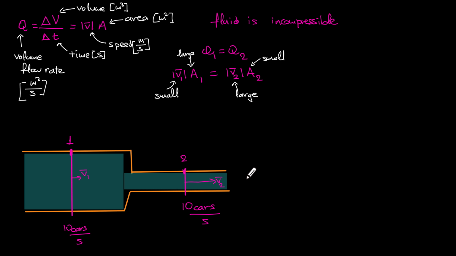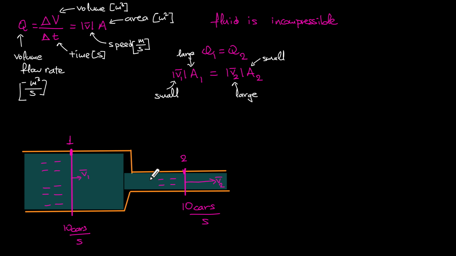Now, if here you can fit 1, 2, 3, 4, 5 cars, but here you can fit only 2, and you want 10 cars passing per second, then here these cars need to be going fairly slowly to pass in 1 second.